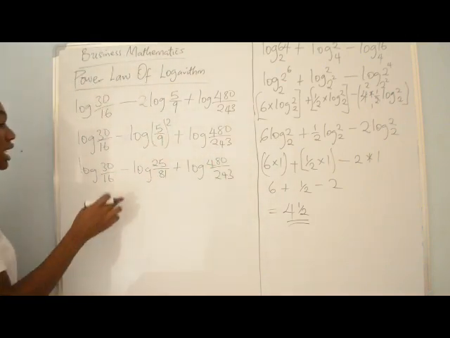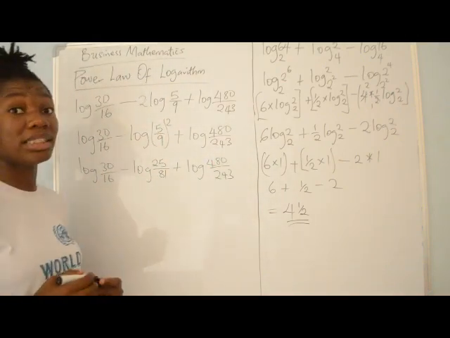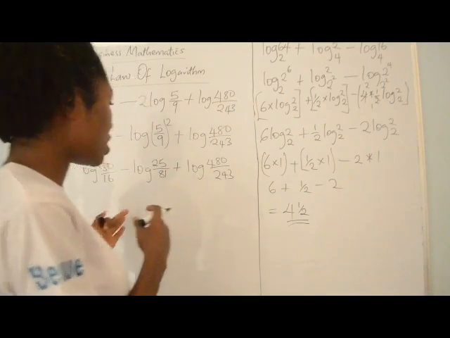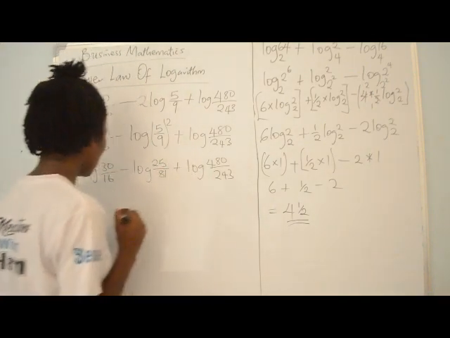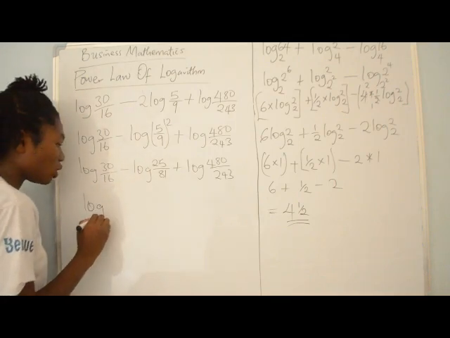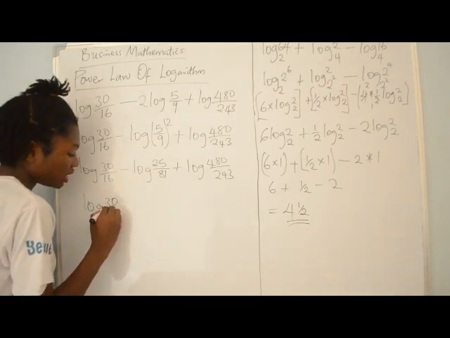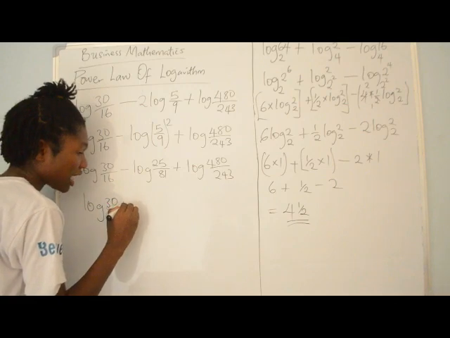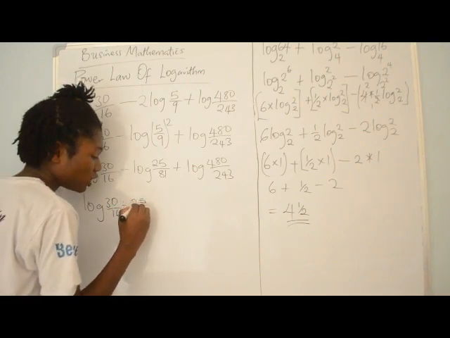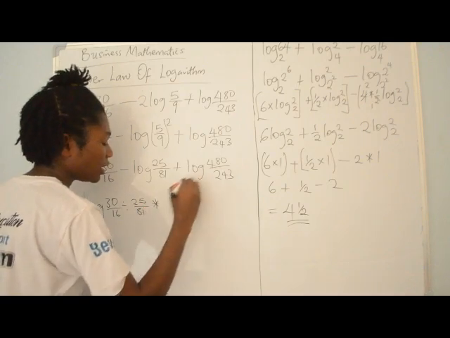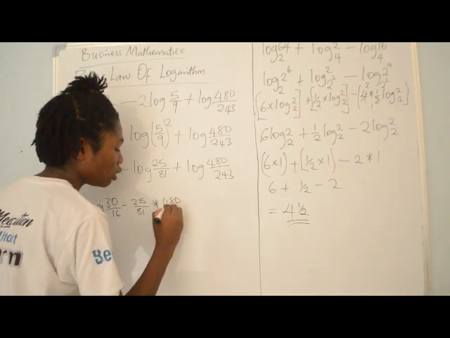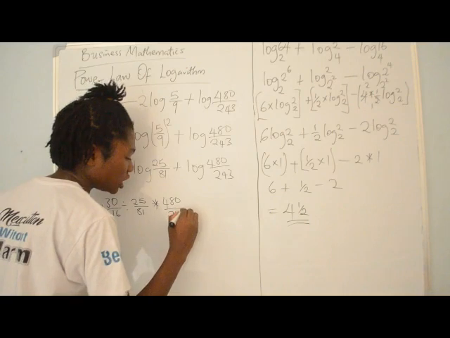Now we can apply, since they are all in one base, like I said, it's in base 10, right? Now we can apply our subtraction law and our addition law, okay? So our subtraction law holds for division. So we'll be having 30 over 16 divided by 25 over 81, and then multiplied by 480 over 243.